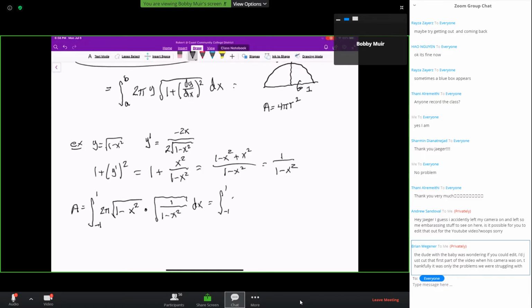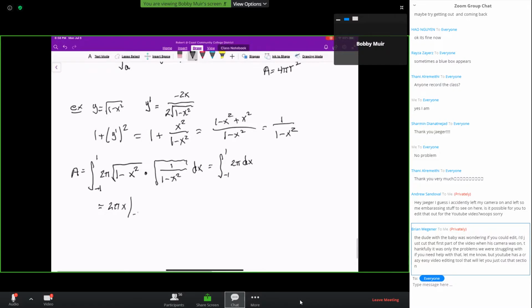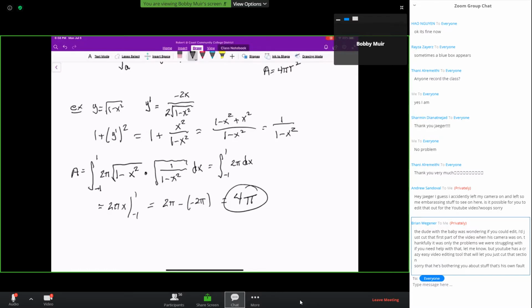All that stuff cancels, and I get 2 pi dx. So it's 2 pi x from negative 1 to 1. So that's 2 pi minus negative 2 pi, which is 4 pi, which is exactly what we wanted to get with the radius equal to 1. So that's pretty good evidence that we're on the right track, don't you think?